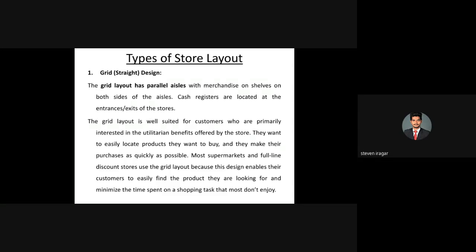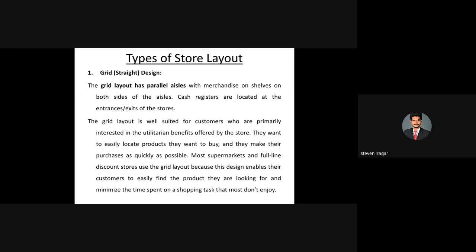Fine. All the layouts have their own advantages for any retailer using them in keeping the products properly, displaying them properly, and making the merchandise easily accessible to the customers without taking much effort.